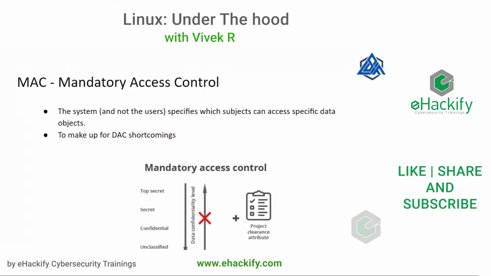Means the files or the other devices which are attached to the computer will be provided with a particular security clearance level like top secret, secret, confidential, classified. So as the figure indicates, if a secret clearance level subject is accessing a top secret object, means accessing a file, then it will be denied by default because the security clearance has to match.